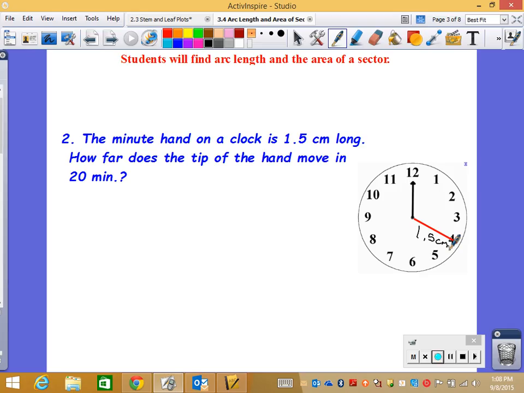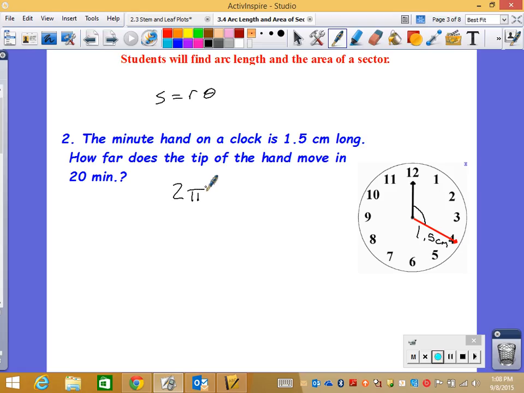If we want to go back to our formula using the S equals R theta formula, well, we need to know radians. We need to know what my central angle is. So we're going to use the fact that a full revolution around a clock would be 2 pi, or 360 degrees. Now we're going to chop it up into twelfths for each number on the clock.